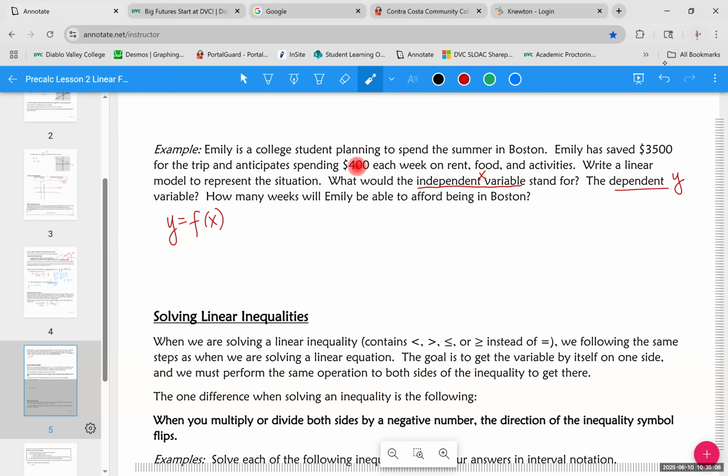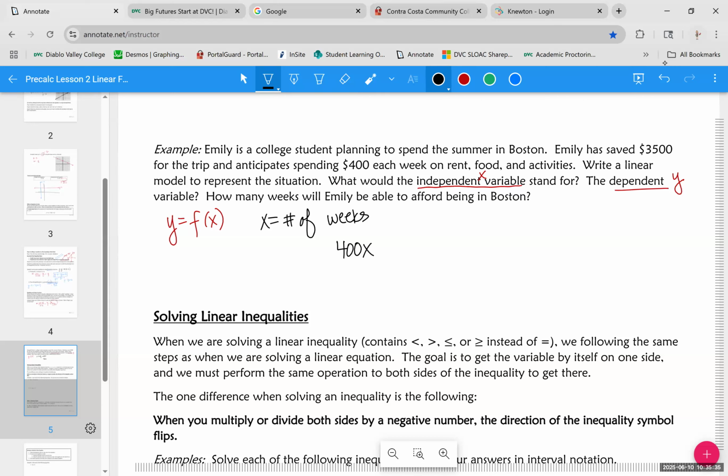The thing that's constant is that she's going to spend $400 a week. Another constant thing here is that she has $3,500. What's changing is how many weeks she will be able to afford. So we're going to call x the number of weeks, right? And then basically her cost would be 400 times x.